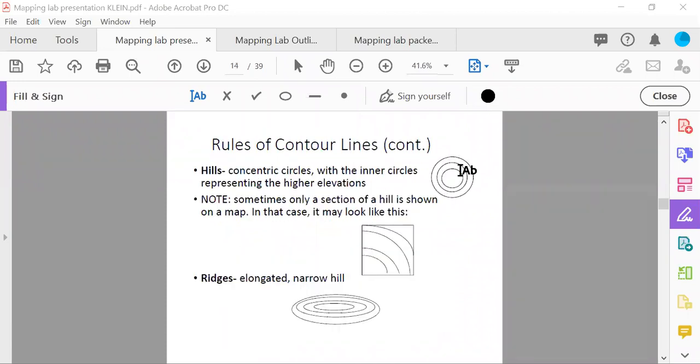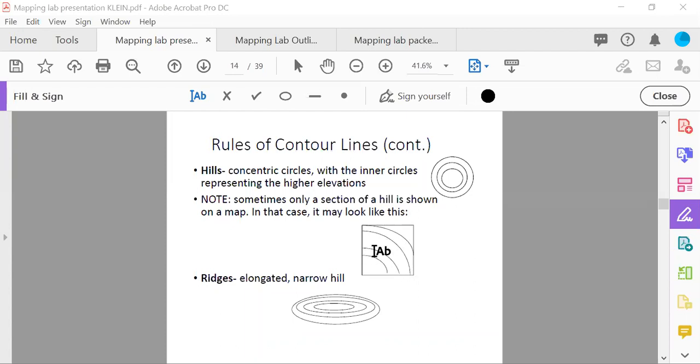So there are other rules of contour lines. For example, hills are going to be shown as concentric circles with the inner circles representing the higher elevations. Note, sometimes only a section of a hill is shown on a map. In that case, it would look like only a quarter of the hill, but you still have circles.